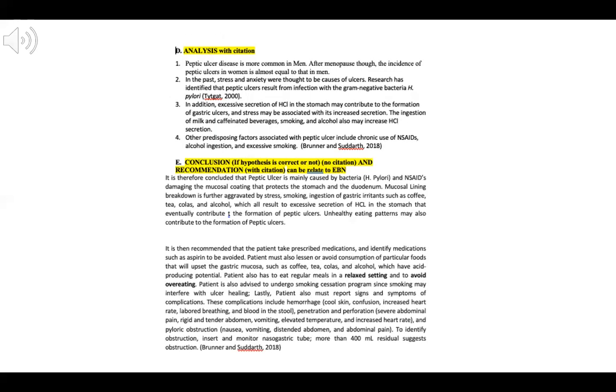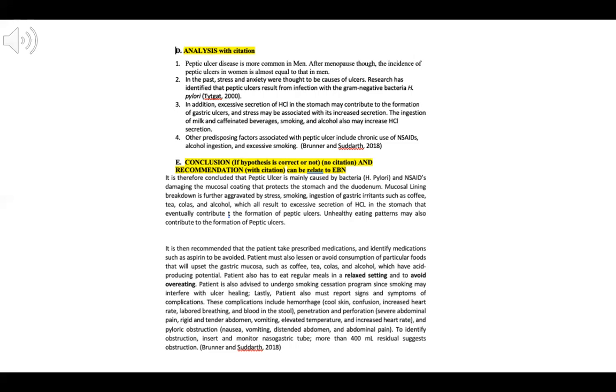The fourth part of the ecologic model is the analysis, with citation, wherein we try to understand and study if the factors that we have listed in the second part of the ecologic model paper, or in the ecologic study, are based on scientific literature.